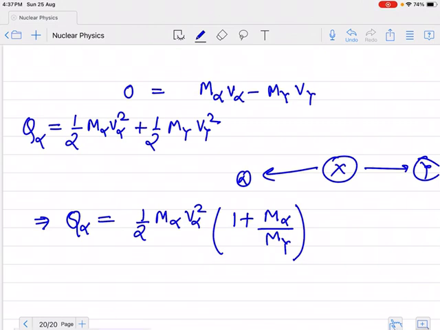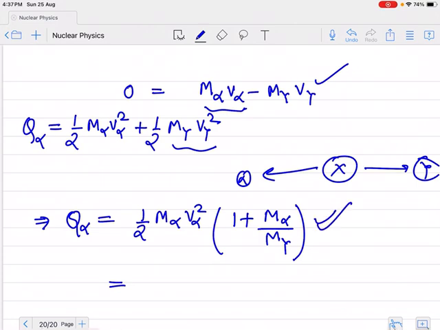I think I made a mistake, let me check m alpha v alpha square. Yes, from this equation m alpha v alpha is equal to m y v y. So instead of this m y v y, just put the value of m alpha v alpha and you will get this relation. It's very easy.